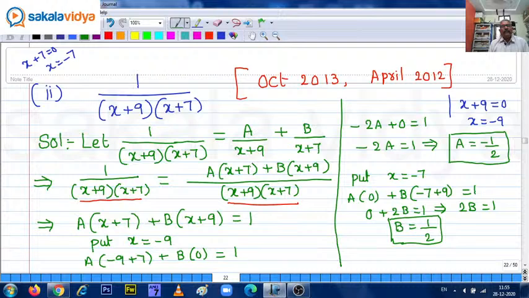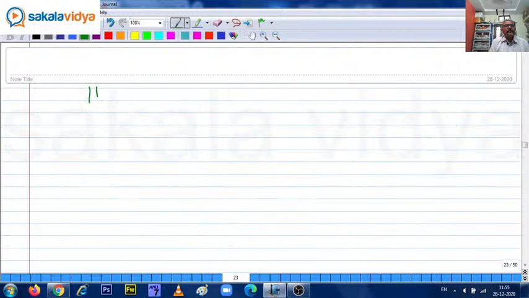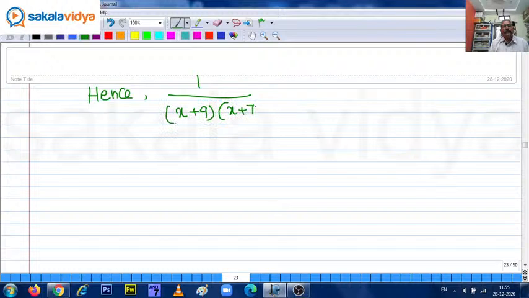So negative 1 upon 2 by (x plus 9) plus 1 upon 2 by (x plus 7). So hence partial fractions we shall get like this. Hence 1 upon (x plus 9) into (x plus 7) equals a upon x plus 9 plus b upon x plus 7.